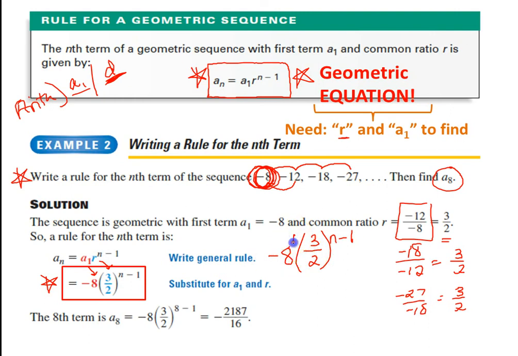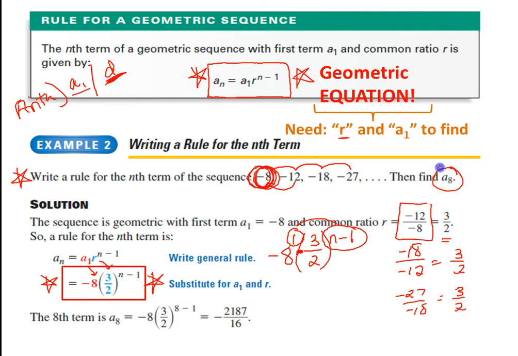To the first. You cannot multiply these two numbers because their powers are not the same. So do not start multiplying negative 8 times 3 halves. That's going to mess up everything. You can't combine those because their powers are different. Okay, so we have our rule.